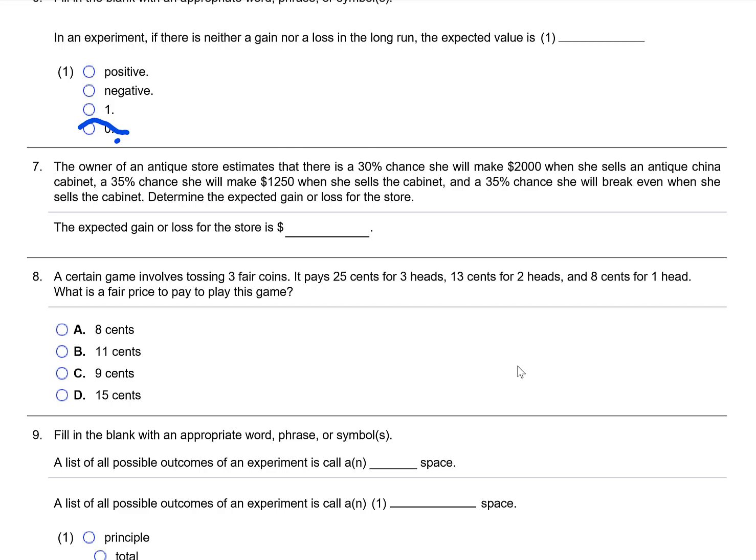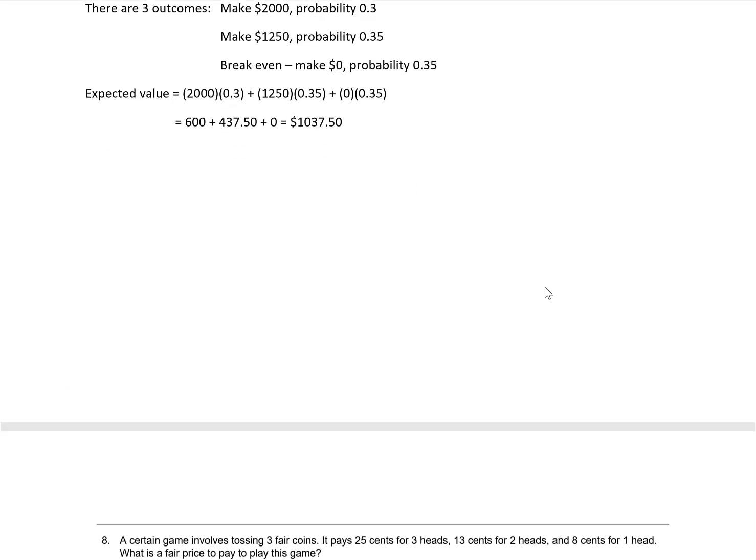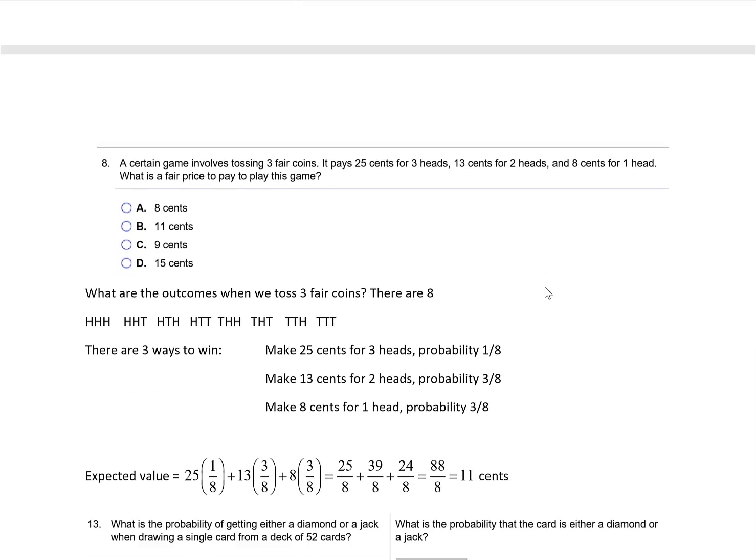A certain game involves tossing 3 fair coins. If it pays 25 cents for 3 heads, 13 cents for 2 heads, and 8 cents for 1 head, what's a fair price to pay for the game? I have a detailed solution for this one. We have to look at the outcomes. There are 3 fair coins that we're going to flip, and by the counting principle there are 8 outcomes, and I've listed those here. There are 3 ways to win.